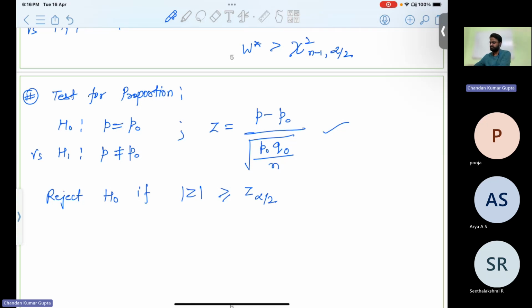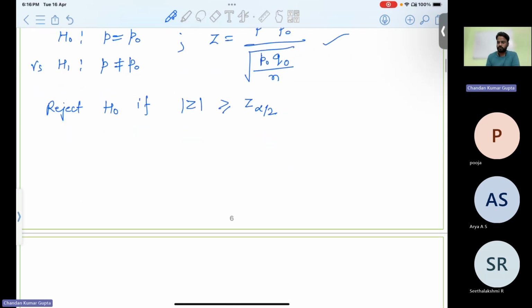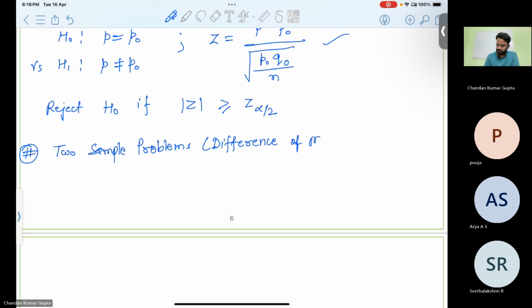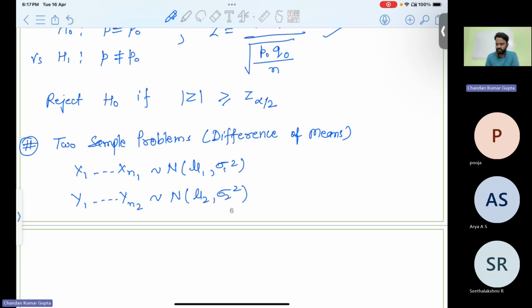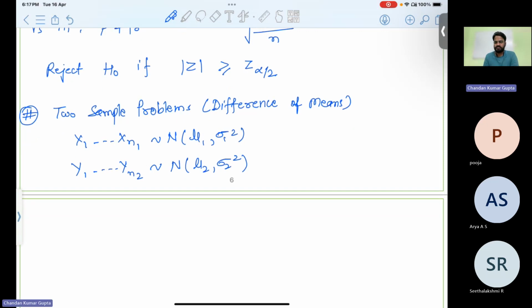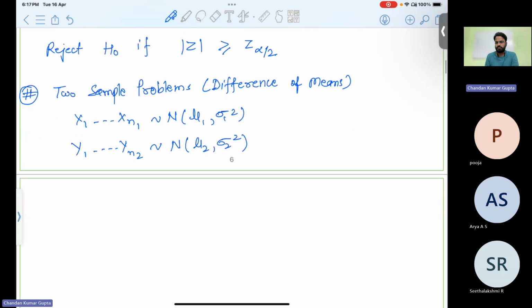In a similar manner, we can also consider the two sample problem, the difference of means. Here x1, x2 up to xn1 follow normal mu1, sigma1 square, and similarly y1, y2 up to yn2 follow normal mu2, sigma2 square. When discussing the difference of means, there are three possibilities.